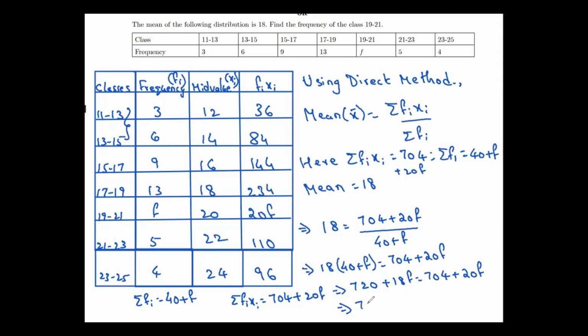Let's interchange. 720 minus 704 is equal to 20f minus 18f. Then here we'll get 16, right? 16 is equal to 2f, which means f is equal to 8. So we can find it in such a way. So the missing frequency f value is equal to 8.